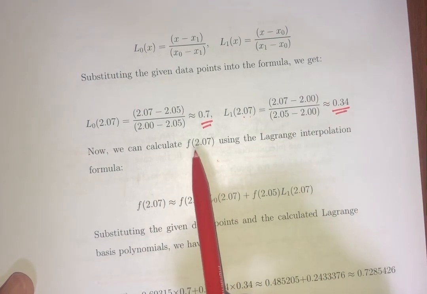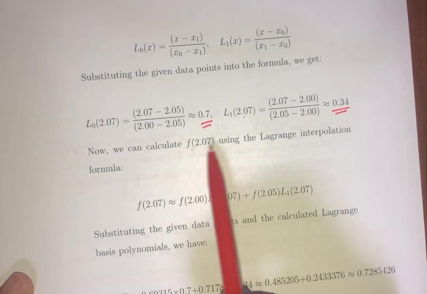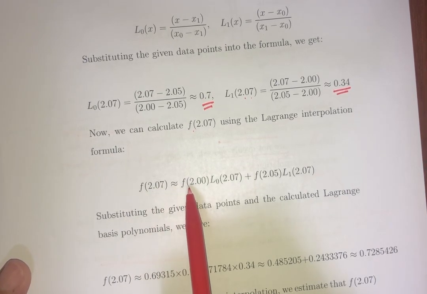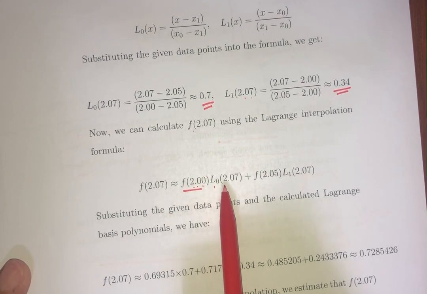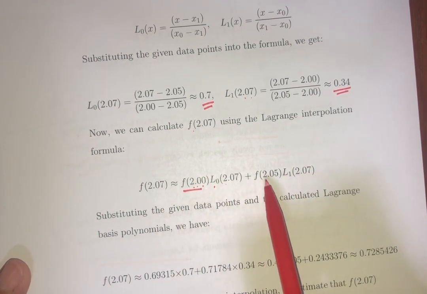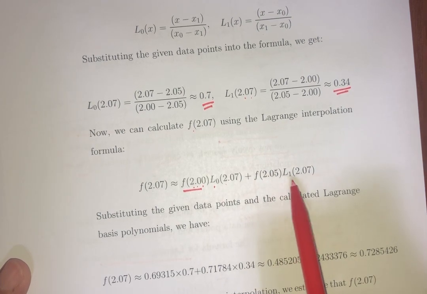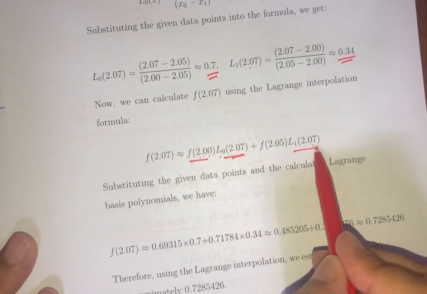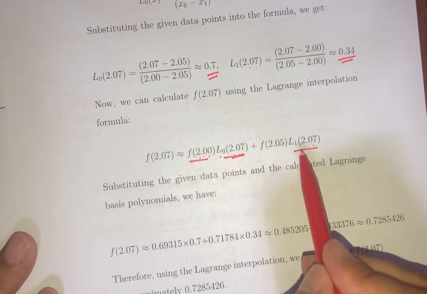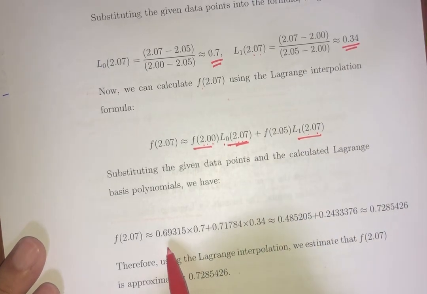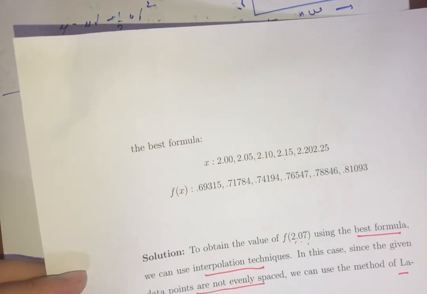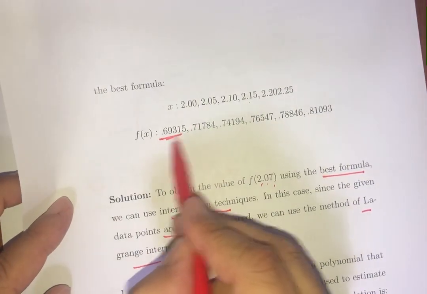Now we can calculate the value of the function at 2.07. Function 2.07 is approximately equal to f of 2.0 multiplied by L0 of 2.07 plus f of 2.05 multiplied by L1 of 2.07. We already found the values of L0 and L1 at 2.07, so you simply substitute the values. f of 2.0 is itself given in the question, that is 0.69.